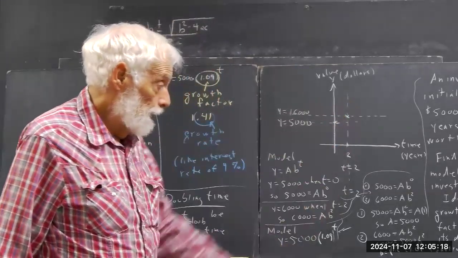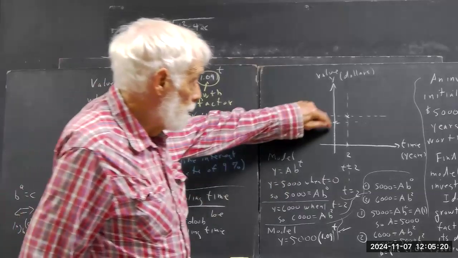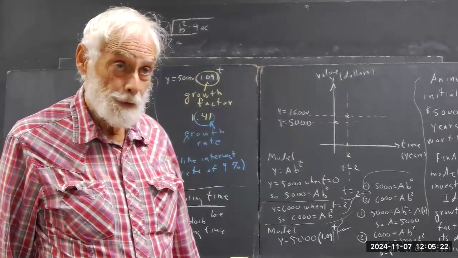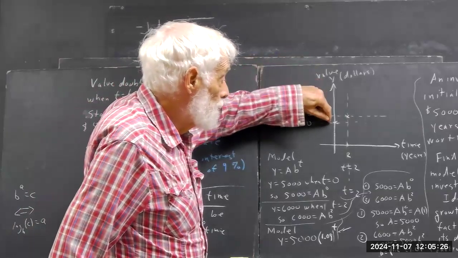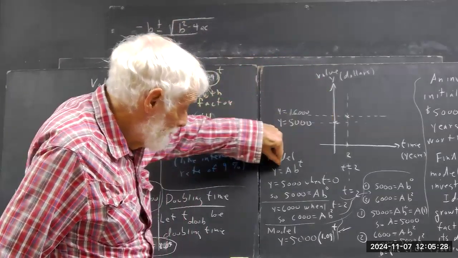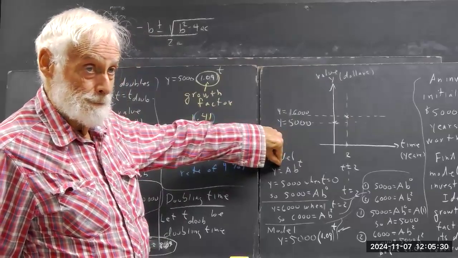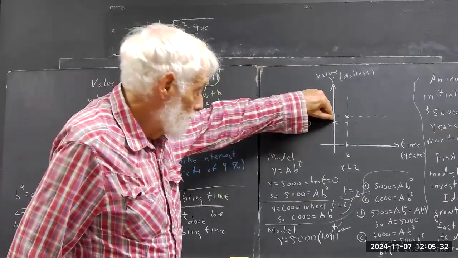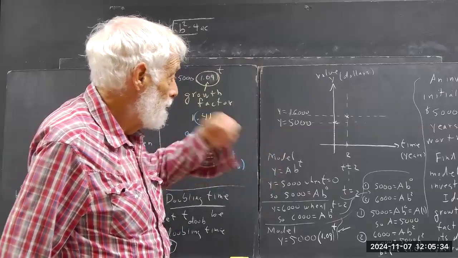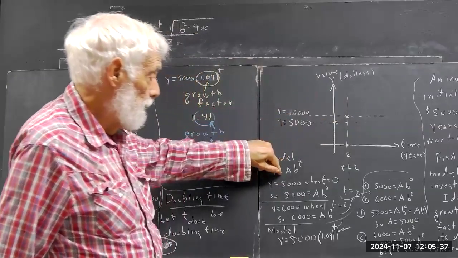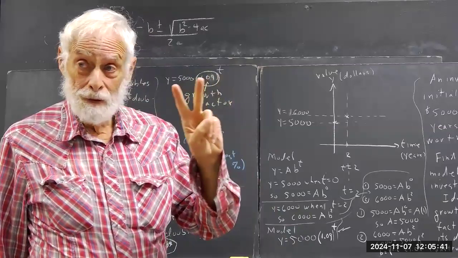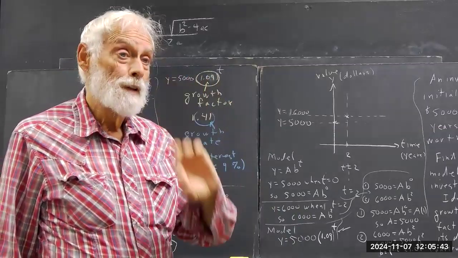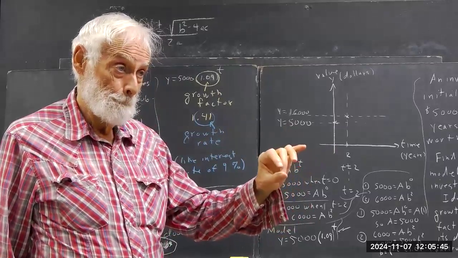Now you don't absolutely have to do that, but it helps you focus on what you need to do next, which is, okay, now plug the coordinates of each point into the model. Okay, coordinates of the first point go into the model, coordinates of the second point go into the model, and now you have two simultaneous equations with two unknowns. Okay.